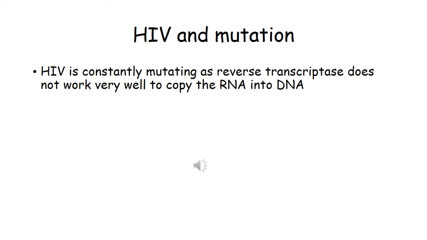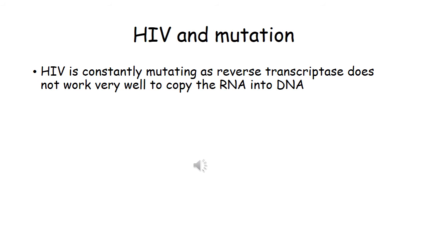There are other reasons why the HIV virus is difficult to treat and remove. So first of all, the HIV is constantly mutating, and this is because the reverse transcriptase enzyme does not do a very good job of copying the virus's RNA into DNA.